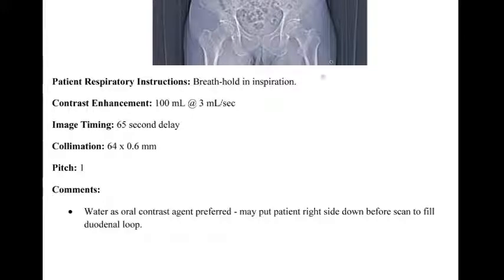Patient respiratory instructions, breath hold, and inspiration, once again very much the same. Contrast enhancement, we're only utilizing 100 milliliters at 3 milliliters per second. And we're scanning at a 65-second delay. If you'll notice, this is almost the same as what the book says for a routine abdomen.